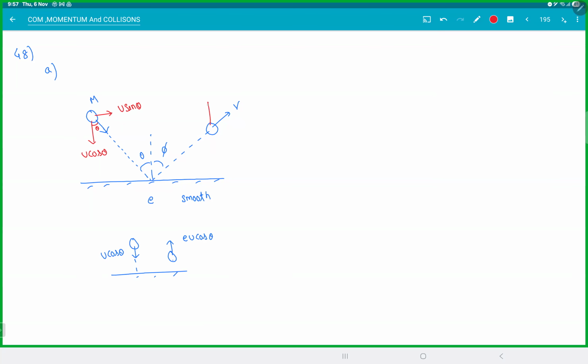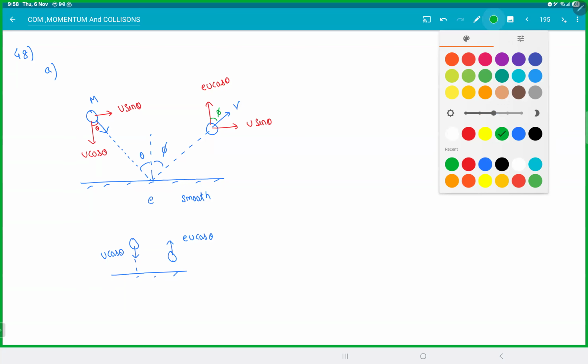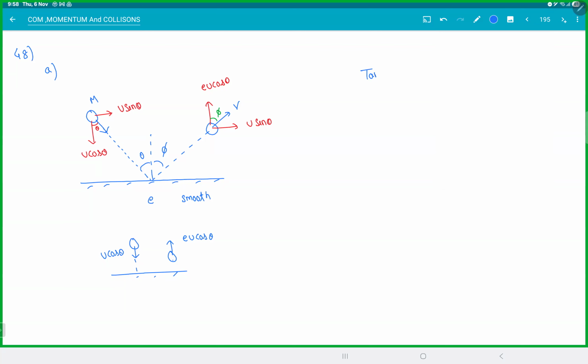That means this component will become e times u cos theta, and the horizontal component will remain the same. The component along the normal is unaffected. If this angle is phi, then tan phi will be the opposite side, u sin theta by e u cos theta, which is tan theta by e.